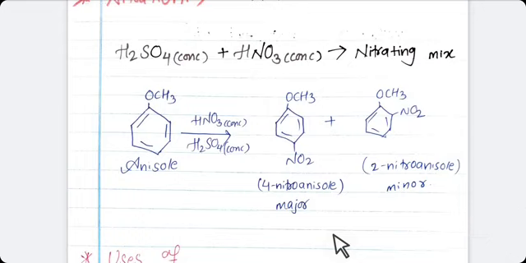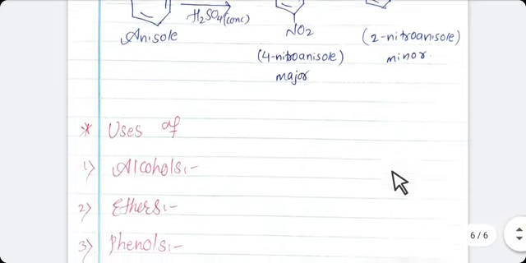Same here, when the NO2 group is attached on the para position, it is the major compound, and when it is attached on the ortho position, it is the minor compound. Naming is 4-nitroanisole or 2-nitroanisole. So it is the nitration of ether.